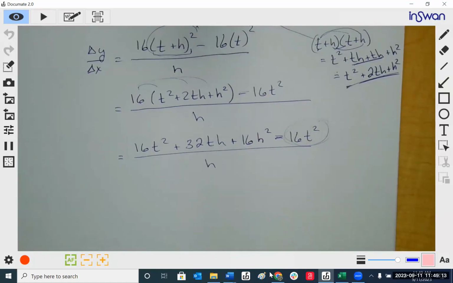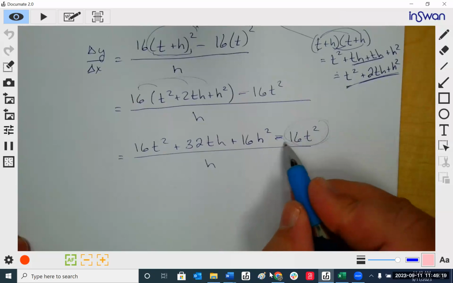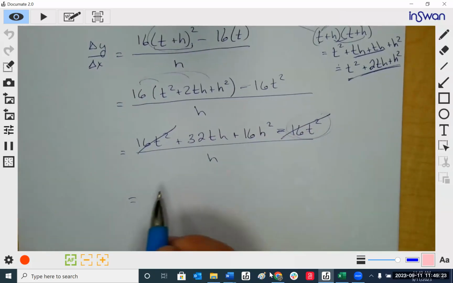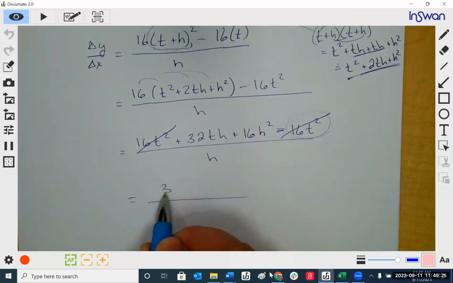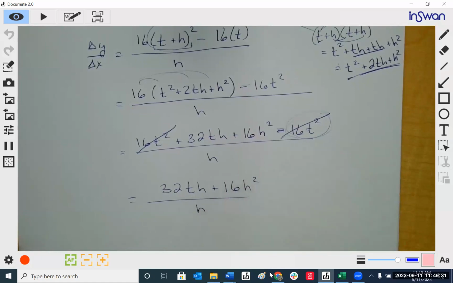If it doesn't, then you did something wrong. So this negative 16t squared cancels with this one. I'm happy with it. 32th plus 16h squared over h.